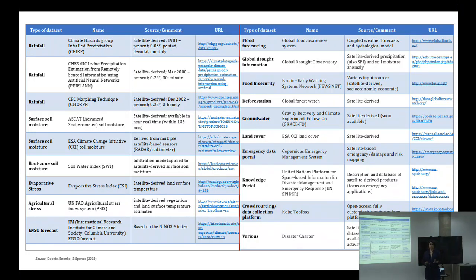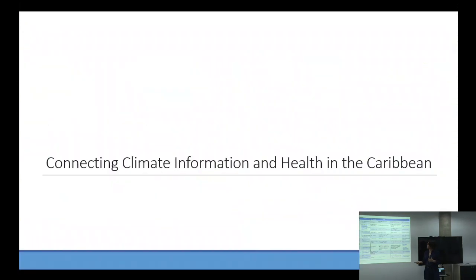So there are tons of different types of data that exist. I think one of the challenges is, one, knowing that this exists, and two, using it for something. For a lot of people in the Caribbean, just this first part of knowing what existed was a big problem. So we were trying to at least showcase some of this information with them.